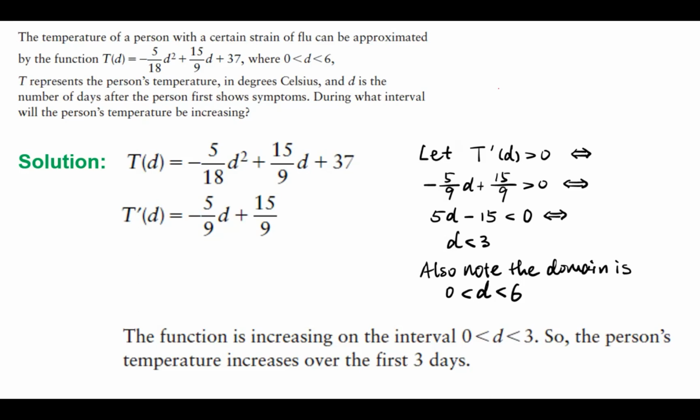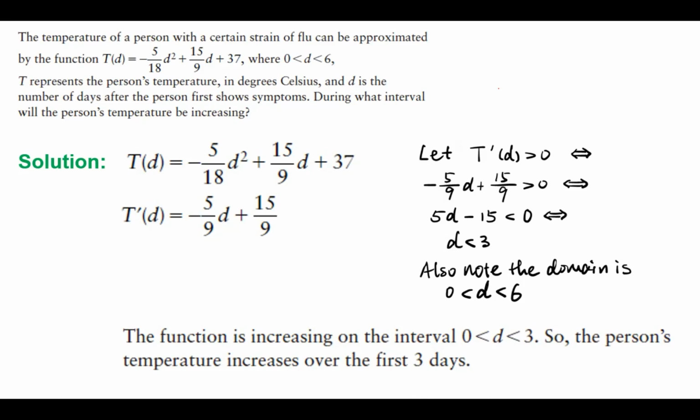In order for the interval to be strict increasing, we need to find any interval where the first derivative is strictly greater than 0, right? So we let T'(d) > 0, then this gives us -5/9 d + 15/9 > 0, right? And this is equivalent to 5d - 15 < 0, which means d must be smaller than 3.